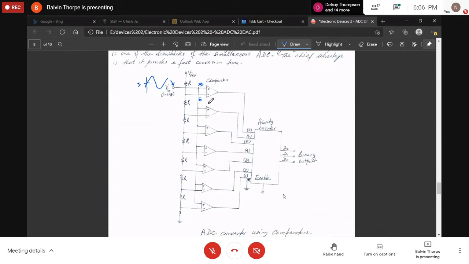It checks to see if there's a difference between them. Right. It compares both inputs. If the input signal, remember this from a comparator, that's how we did it before. If the input signal is less than the reference signal, remember what's going to happen? The output of the comparator is going to be driven into negative saturation. Remember that?